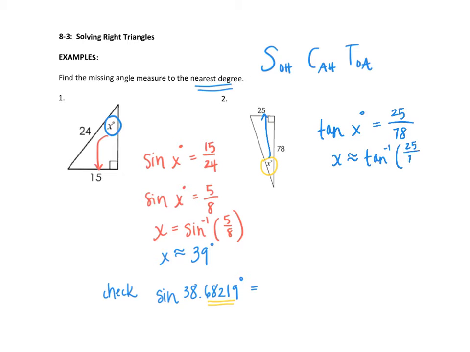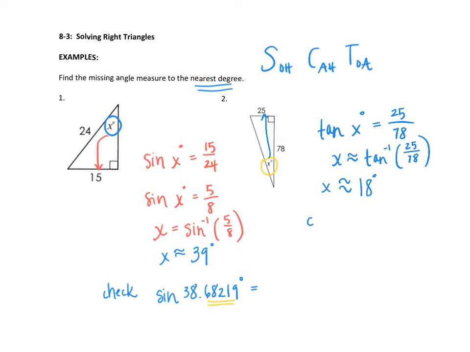And this is exactly how you'll enter it even on your calculator. So then I'll go and I will type in the inverse of tangent, 25 over 78. And remember, make sure you're in degree mode. And so the angle, if I'm going to the nearest degree, is 18 degrees.